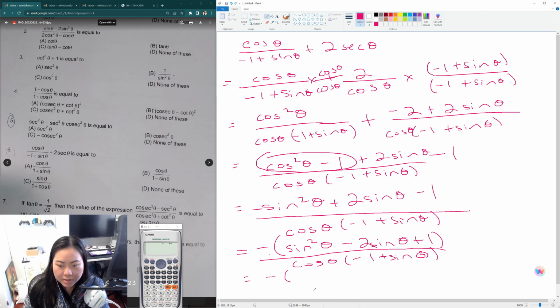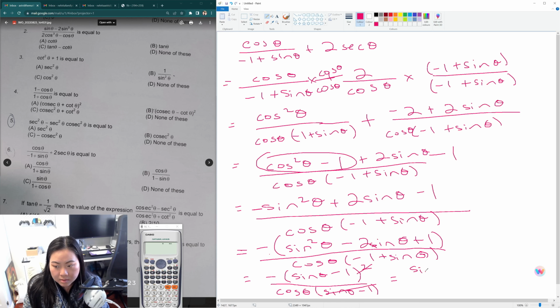If you expand this out, you're going to get sine squared theta minus 2 sine theta plus 1 over the same thing. I can rewrite this as sine theta minus 1 squared. So now we have a common factor of sine theta minus 1. Therefore, it is sine theta minus 1 on cos theta.